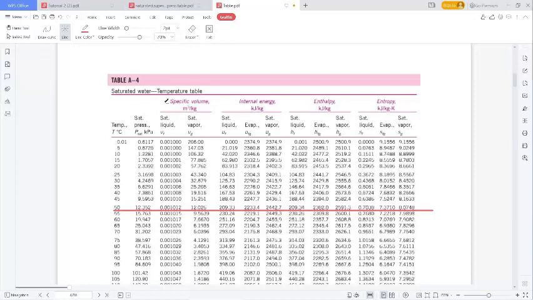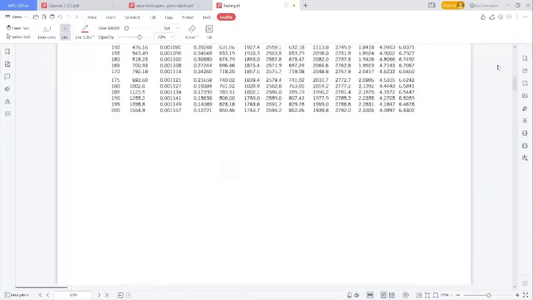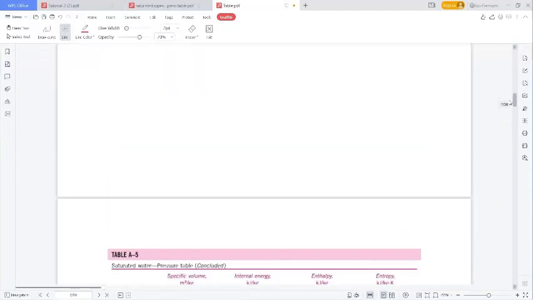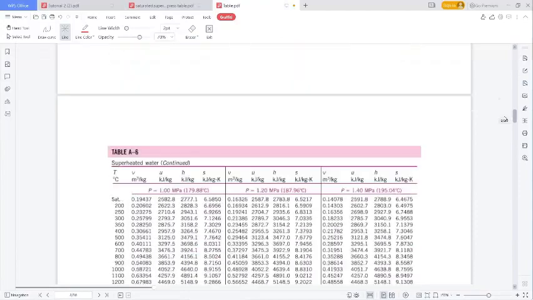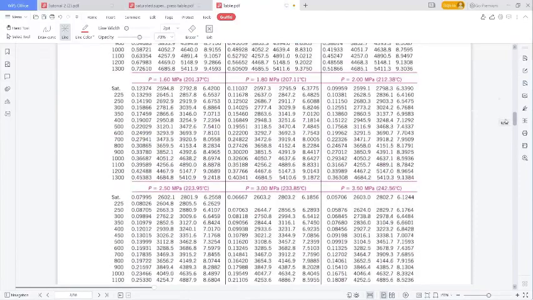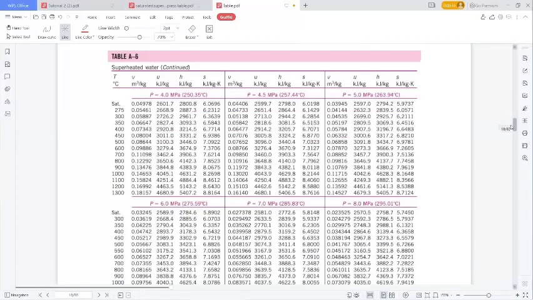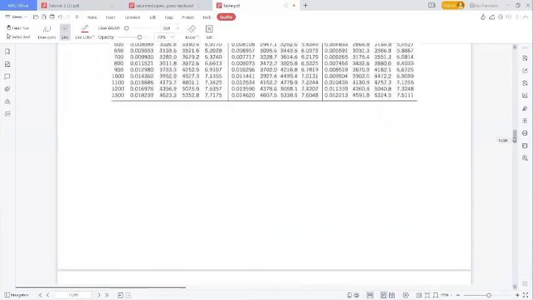The second one is saturated, and the third one is superheated. Tables A4 and A5 are for saturated temperature and pressure. Table A6 is for superheated water, and A7 is for compressed liquid.